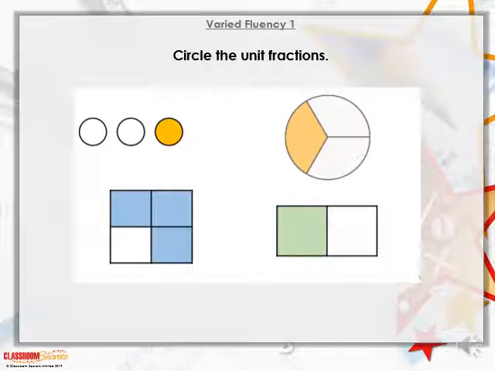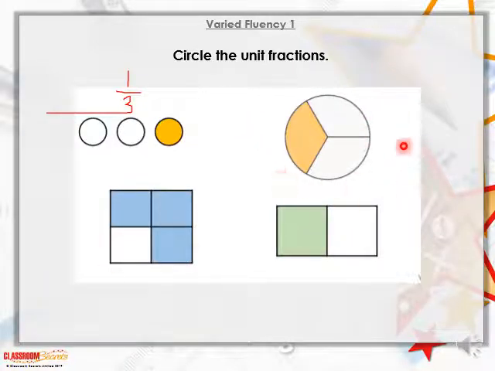Okay, let's take this top image here. We've got 3 equal parts. So we know the denominator on this shape is going to be 3. And then we've got 1 part that's been shaded in. So we've got 1/3. Moving on to this shape over here.